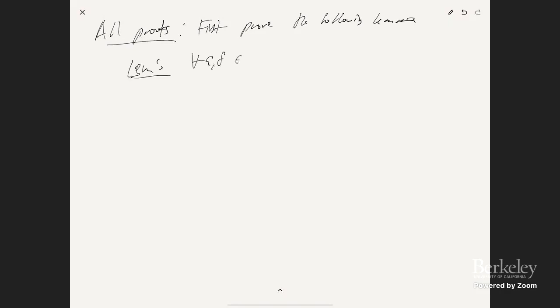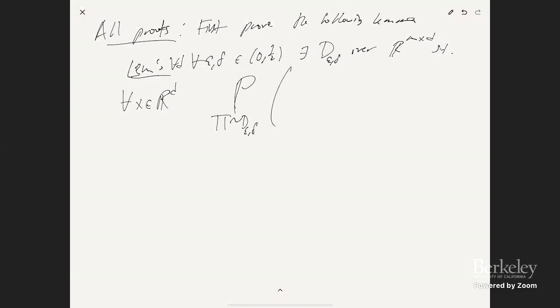All proofs first prove the following lemma, which says: for all epsilon and delta in the interval from 0 to 1/2, and for all d, there exists a distribution over matrices such that for any vector, if you pick a random matrix according to this distribution, the probability that the matrix doesn't preserve that vector's L2 norm is at most delta.